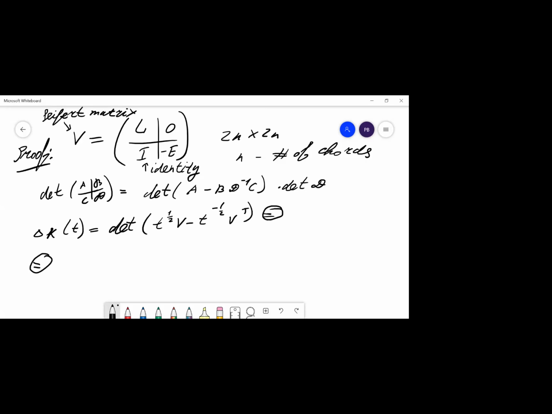So lo and behold, power n determinants. Hopefully I won't make a mistake.